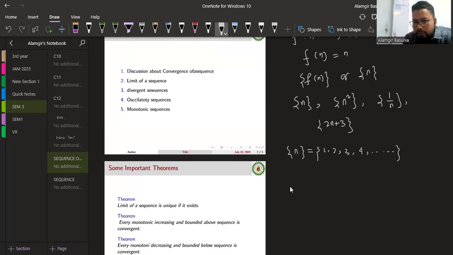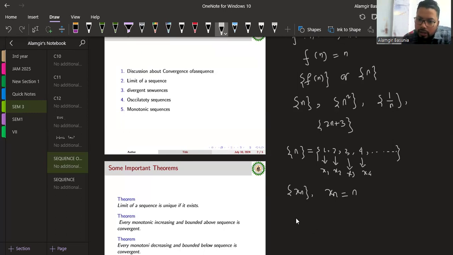We can say this is our x1, this is x2, this is x3, and this is x4, and so on. For this sequence we also write xn, where xn is equal to n, the nth term of the sequence.